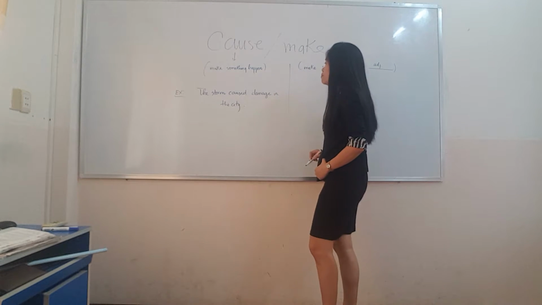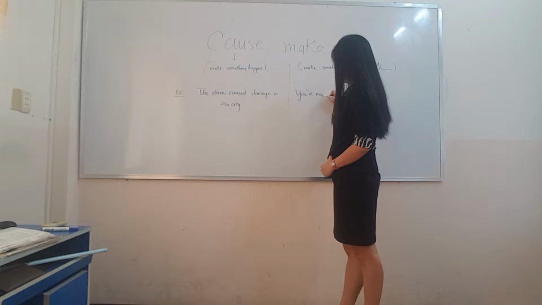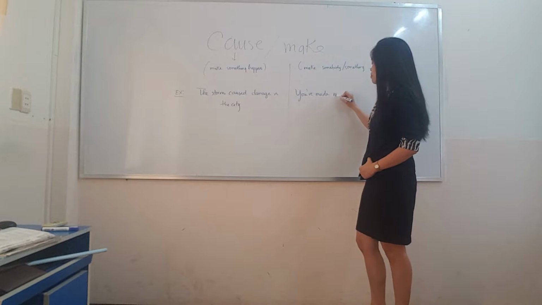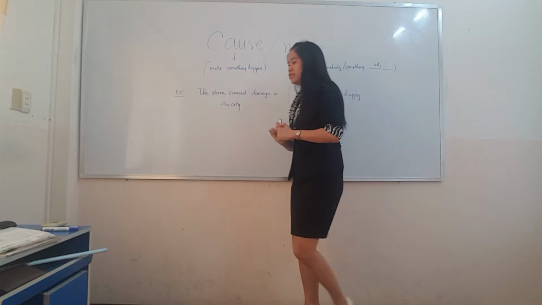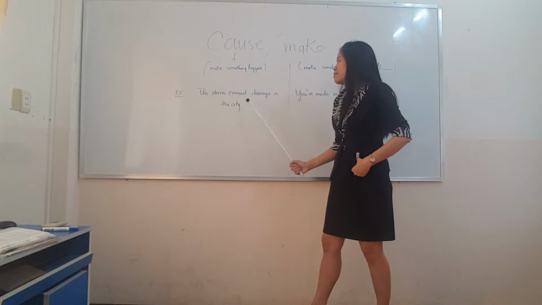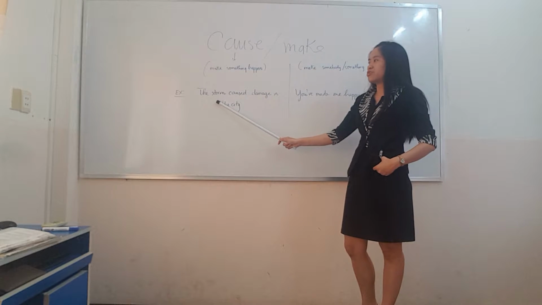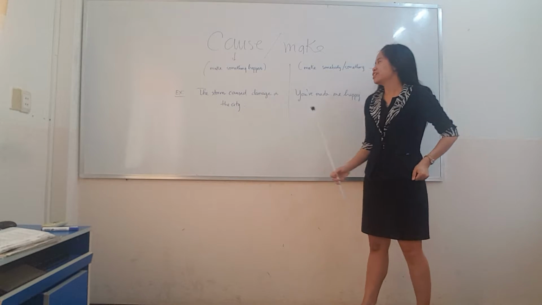Okay, but make: you made me happy. Okay, right. So let's repeat after me. The storm caused damage in the city. The earthquake, or the hurricane, the tornado. Very good.